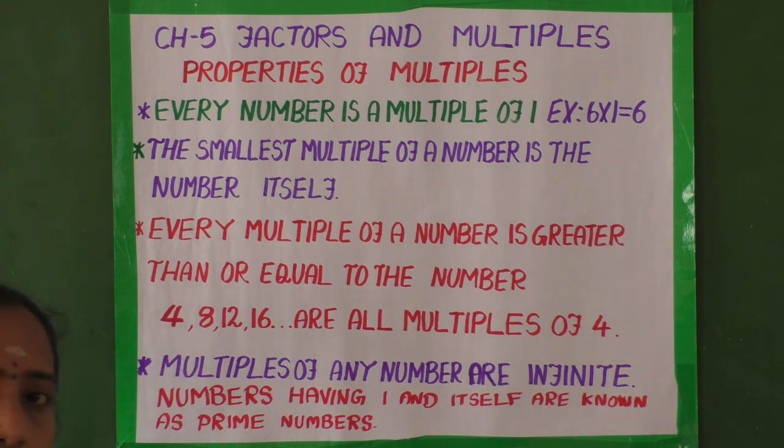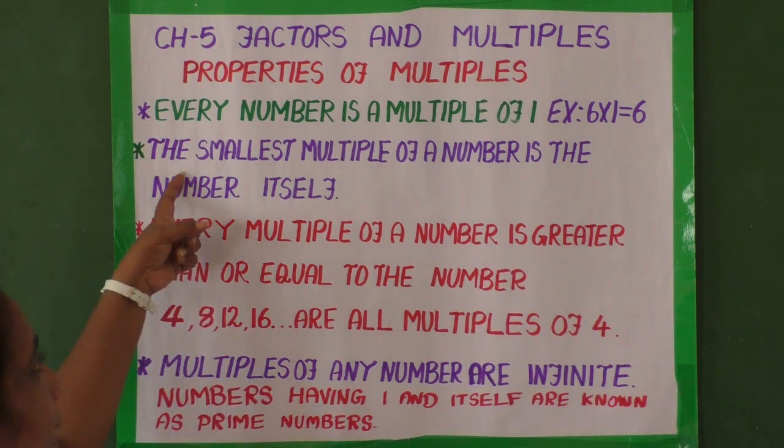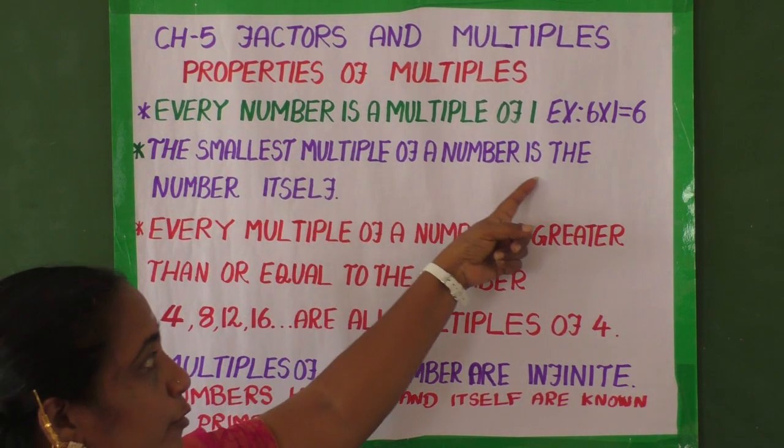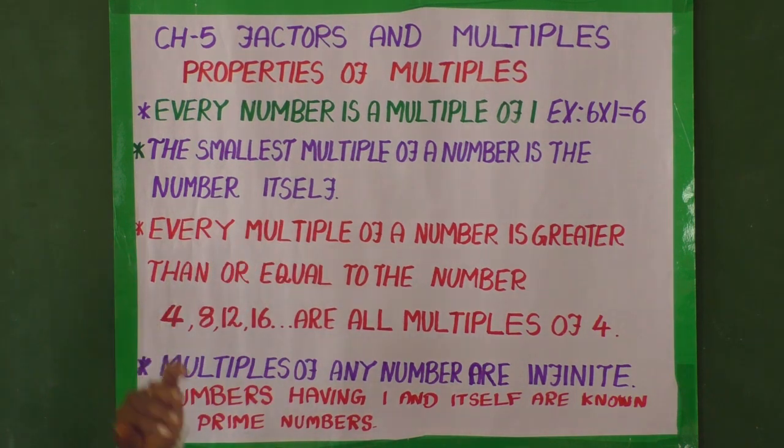Suppose we say the multiples of 2, which is the smallest multiple of 2? 2 only. So that is why they gave the point that the smallest multiple of a number is the number itself. The smallest multiple of 7 is 7 only, and the smallest multiple of 100 is 100 only.